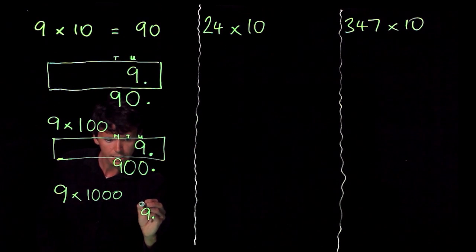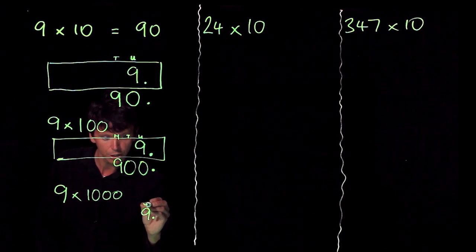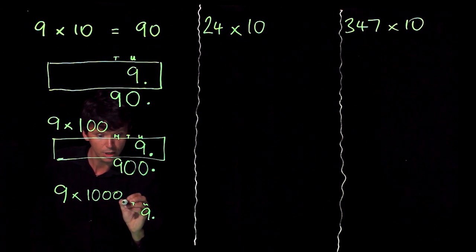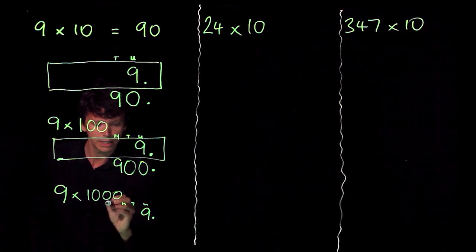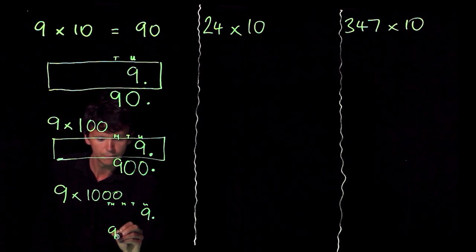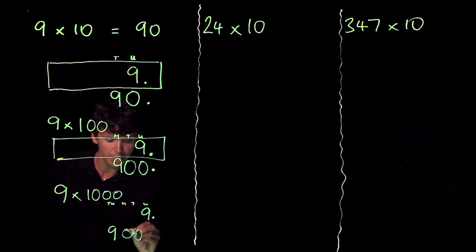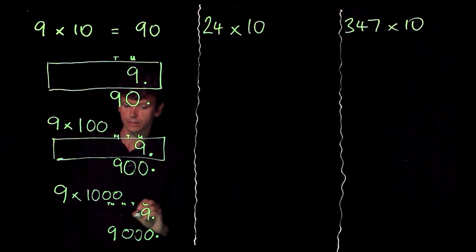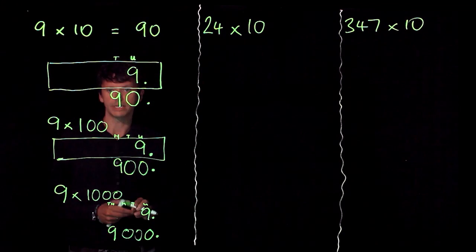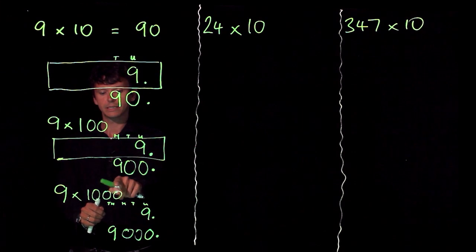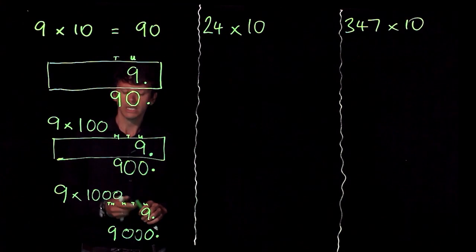So 9, which is in our units column, is going to bypass the tens column, bypass the hundreds column, and end up in our thousands column. We have no hundreds, we have no tens, and we have no units. Decimal point, exactly where it was, doesn't move. 9 times 1,000 equals 9,000. We've moved the 9 3 places to the left.